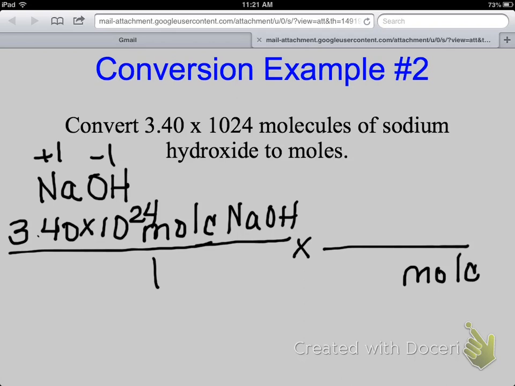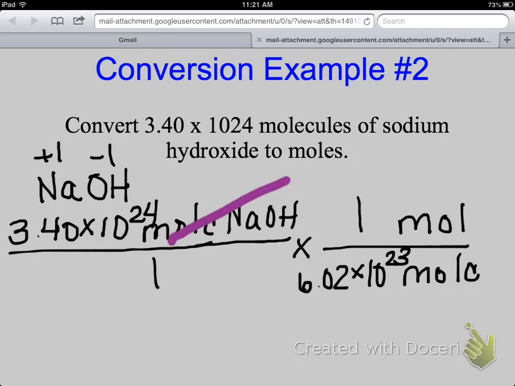And we're converting that to moles, so MOL. And remember from my previous example, wherever I have mole, doesn't matter if it's top or bottom, always gets a 1. Molecules is our new fancy number, 6.02 times 10 to the 23rd. So the problem is all set up.